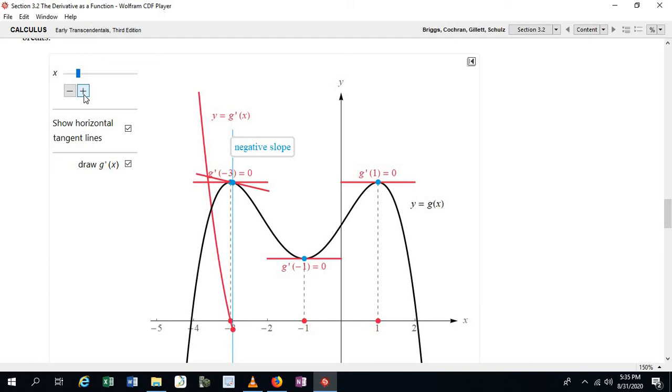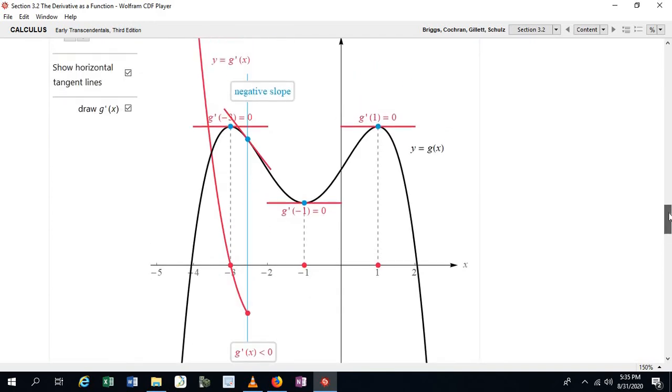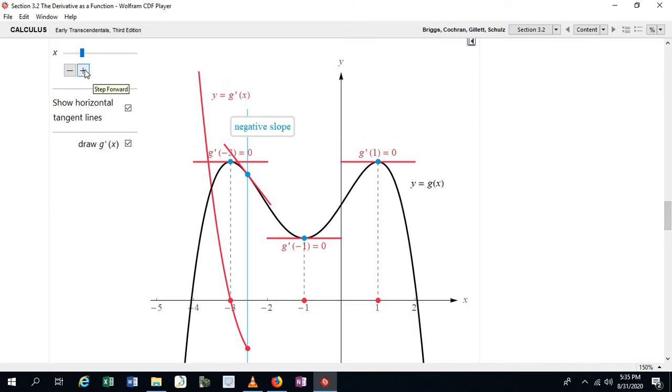But then on the other side of this, when x is -3, you can see that the slopes become negative, and they're becoming more and more negative in here. And that's why the derivative is now below the x-axis. But at some point, it's going to get as negative as it's going to be. Look at the slopes of the tangent lines right now. It's about as negative as it's going to get. And that's why the graph of the derivative is going to become less and less negative.